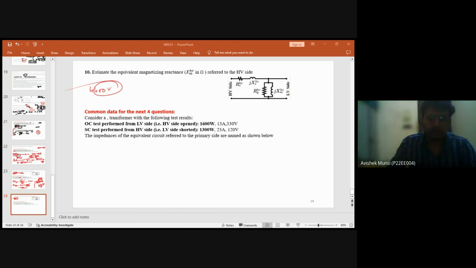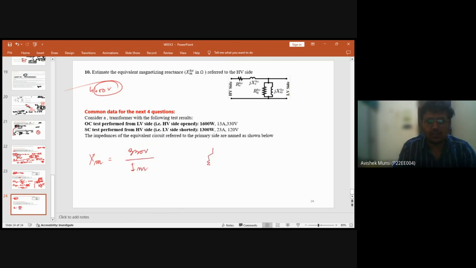So let me solve this last question. We have to calculate XM, right? XM should be equal to 330 volt by the current flowing through it.